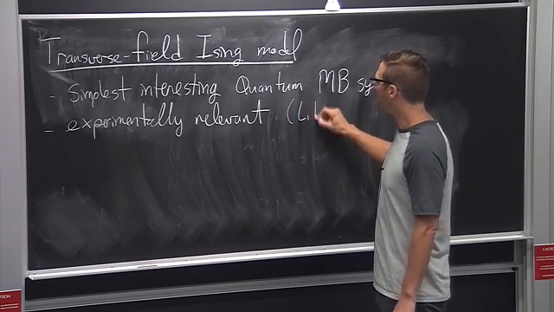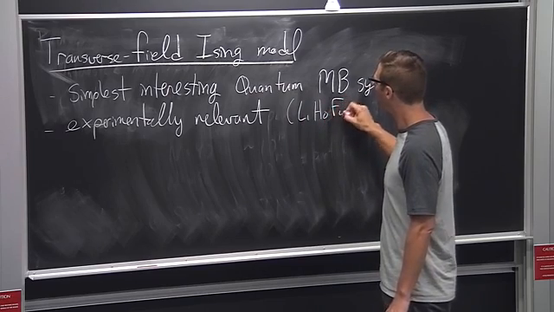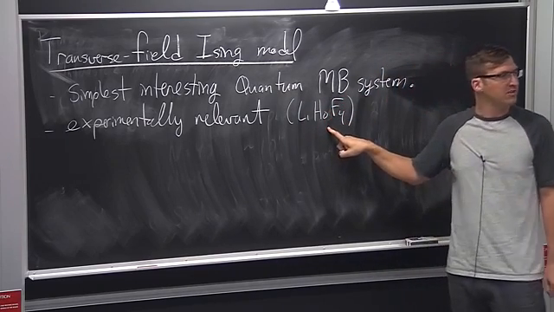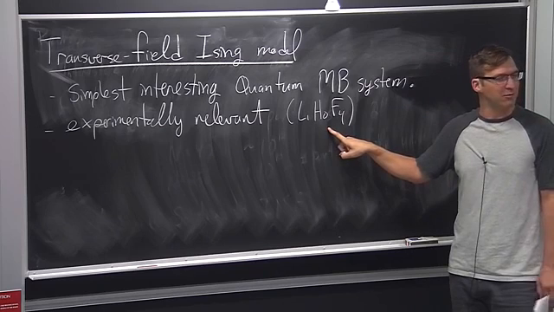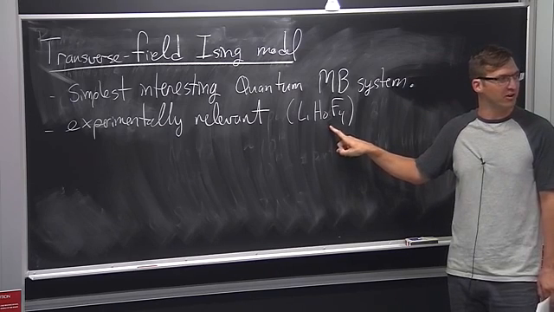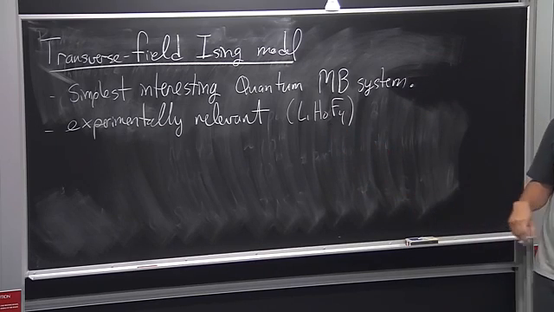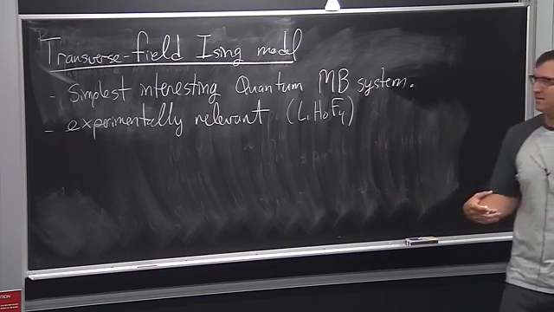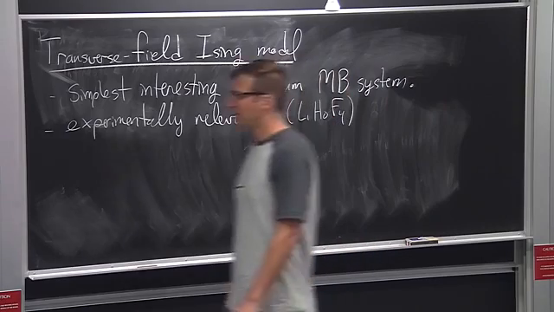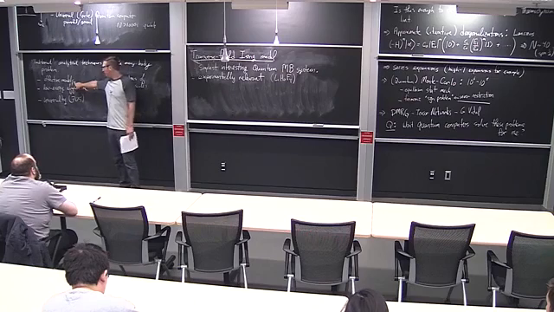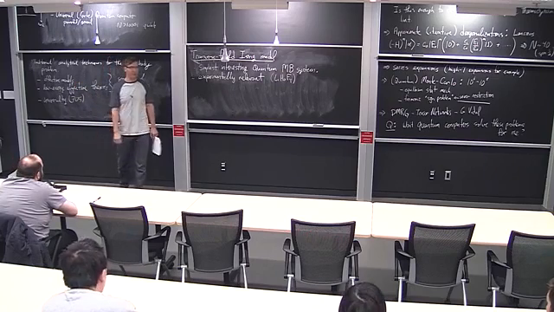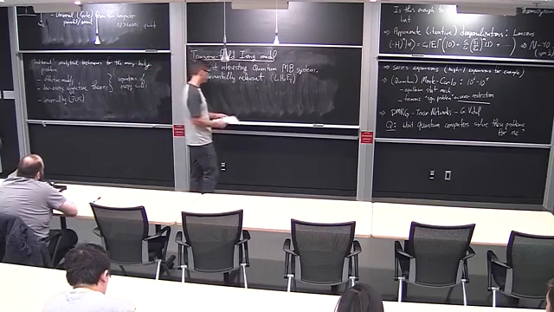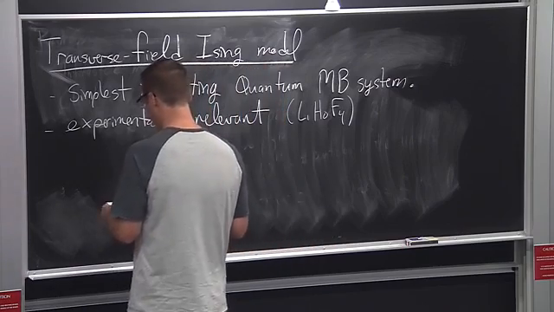I think lithium holmium fluoride was a quantum crystal that has a Hamiltonian very close to what we're going to talk about. I think it has some important deviations from the transverse field Ising model, but the transverse field Ising model is the simplest, I guess if you want to call it, low energy effective model for lithium holmium fluoride. Okay.